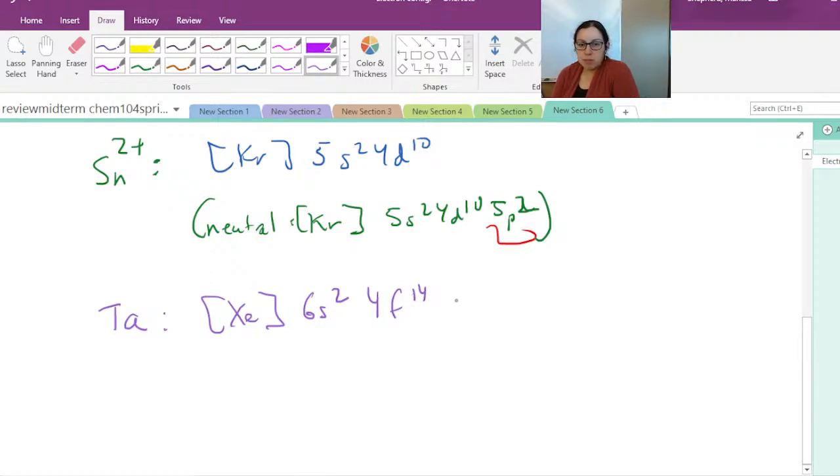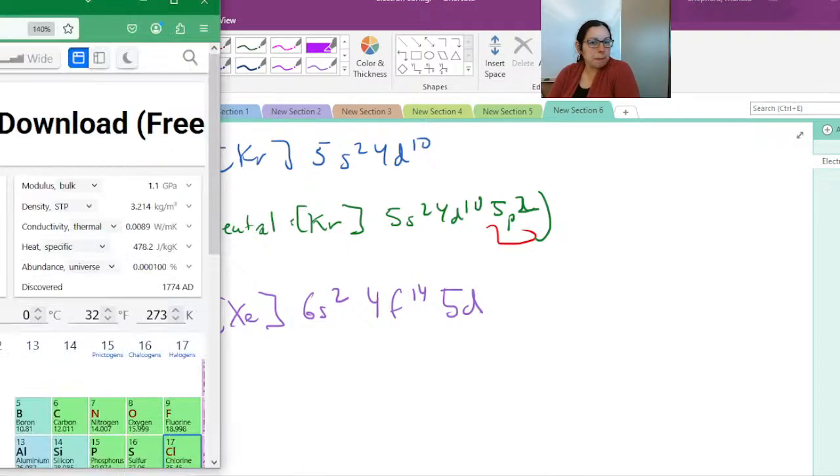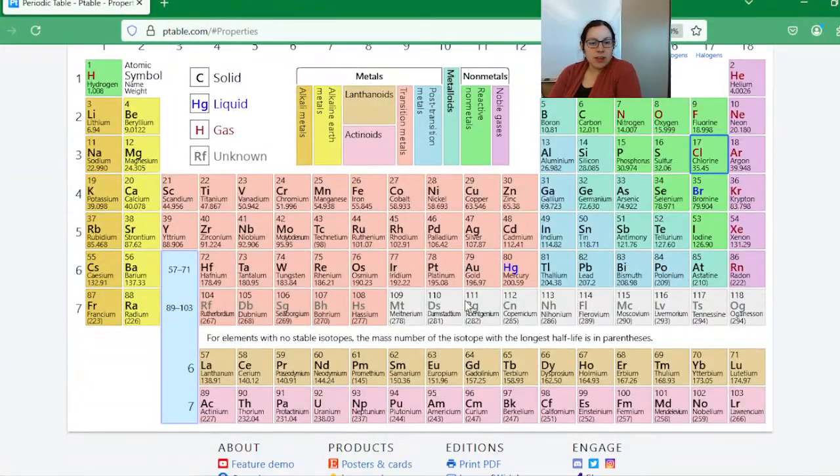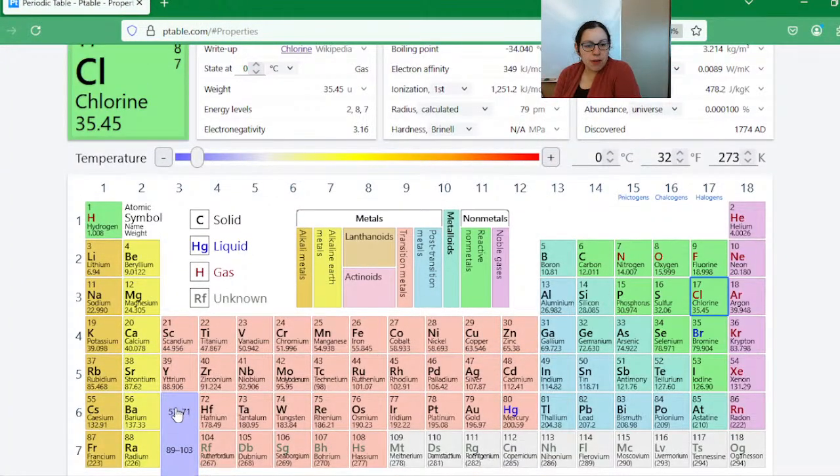So what's the big marker? d. So 5d. And then again, if this is 14, we can look at this periodic table. I see it in the chat now, right? So now we're at 5d, 1, 2, 3 there.